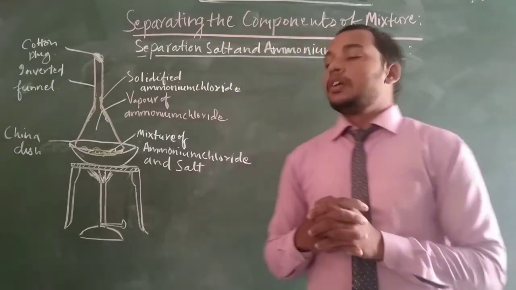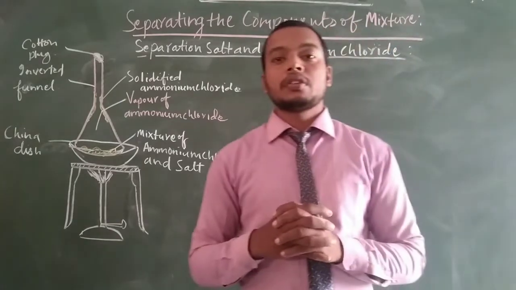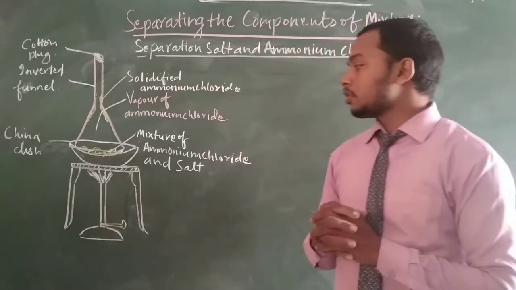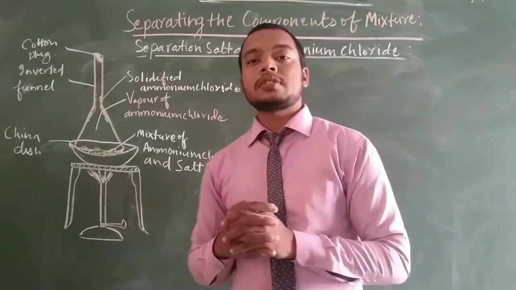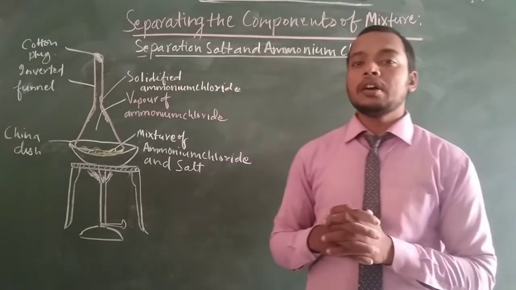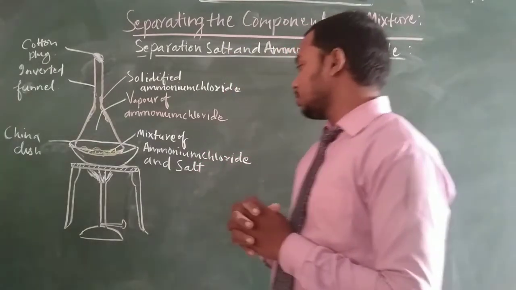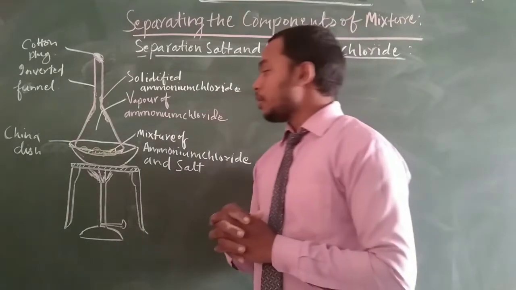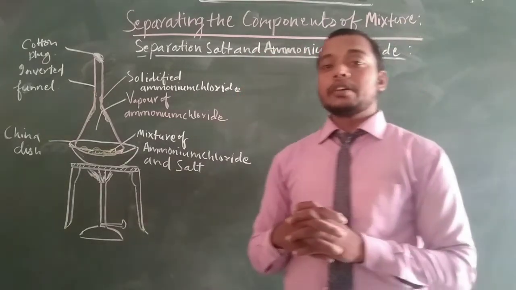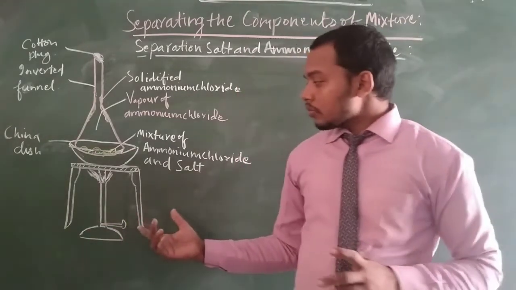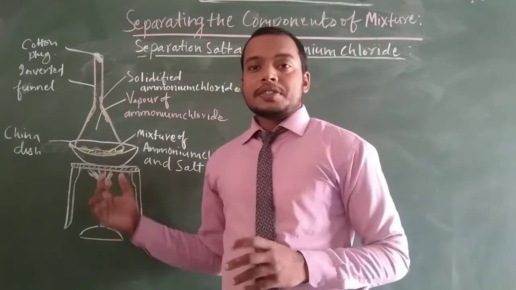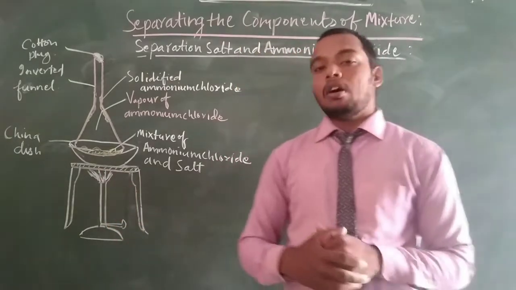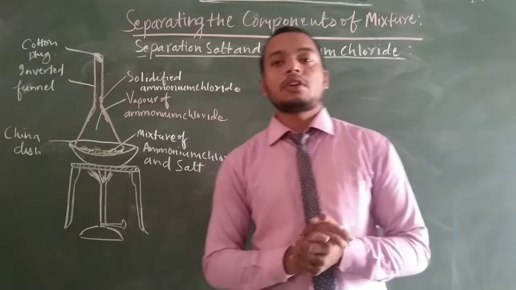Let's start the process: how it happens and what apparatus is involved in this separating method. First we take a wire gauze and a stand. The wire gauze is put on top of the stand.